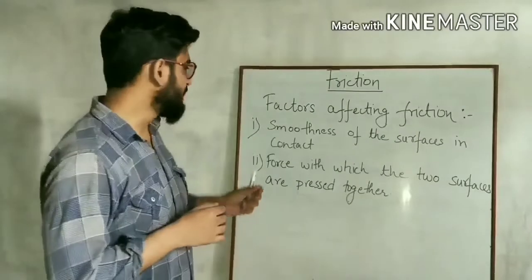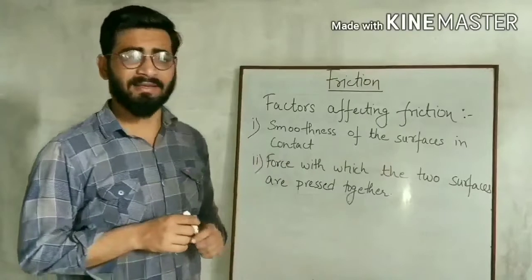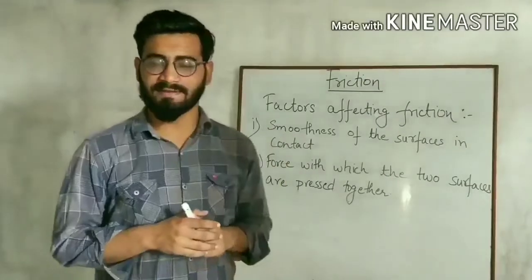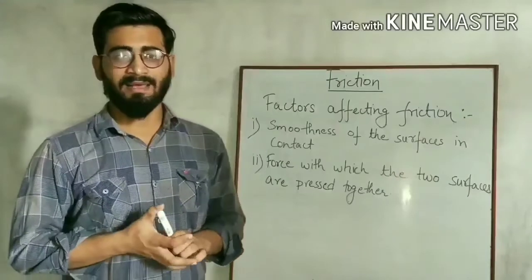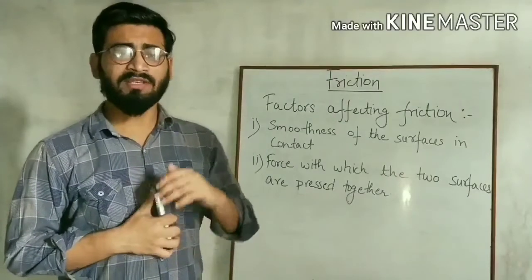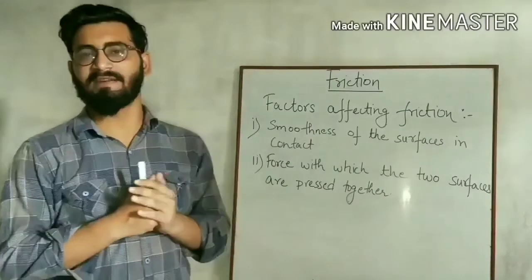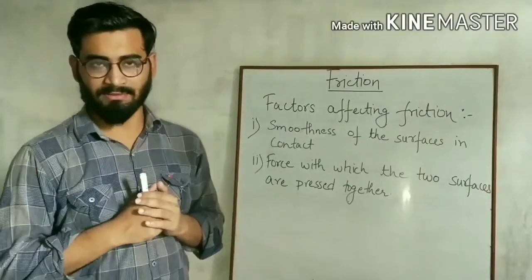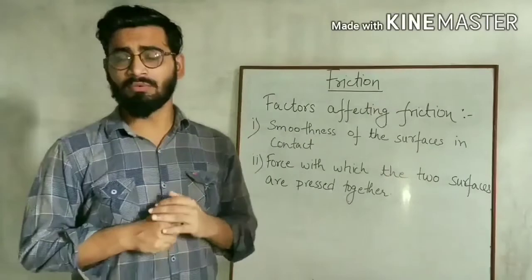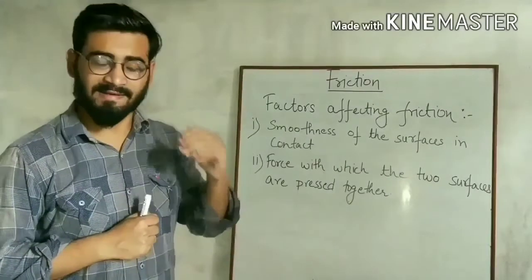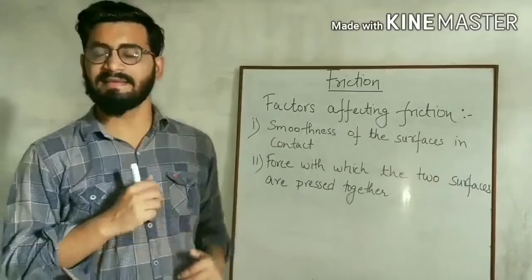First of all, let us discuss the first factor in detail. What is the first factor? Smoothness of the surfaces in contact. As you all know, friction is caused by the irregularities between the two surfaces in contact. If I ask you in which case the friction is more, when the surface is rough or when the surface is smooth?